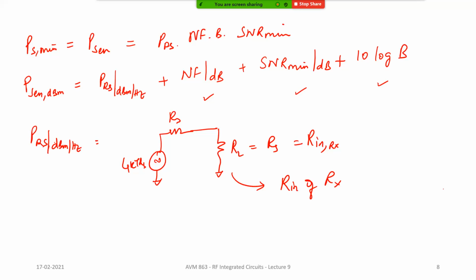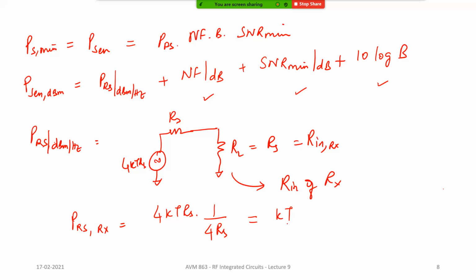So if you have this, what is the power that is delivered to the receiver? PRS delivered to receiver is basically, as we saw, 4kTRS divided by 4RS, the available power that we calculated, which is nothing but kT.